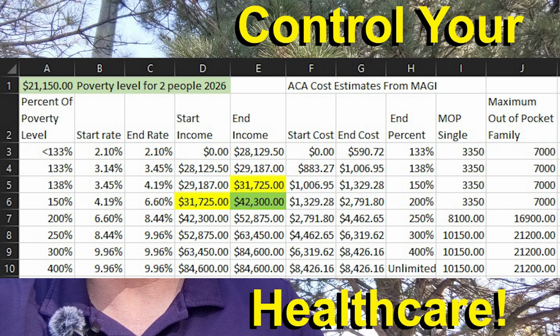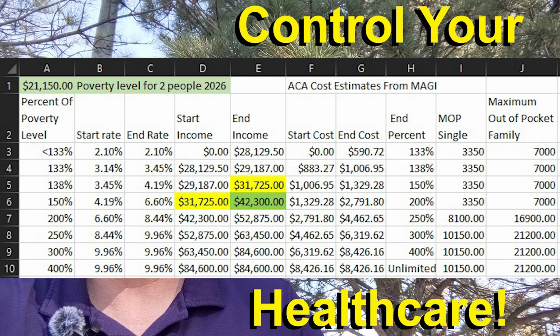Then in column D and E is sort of the match for how much income you can make to pay those low percentages. So if you're looking at, let's say, column D, row 5, you can see the number $29,187 there. That's the income for 138% of the poverty level.